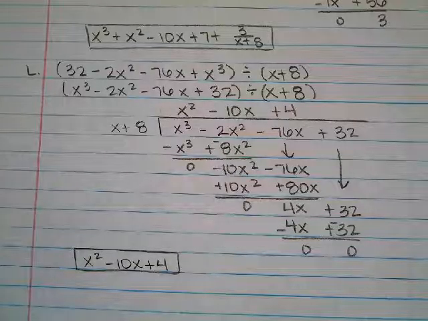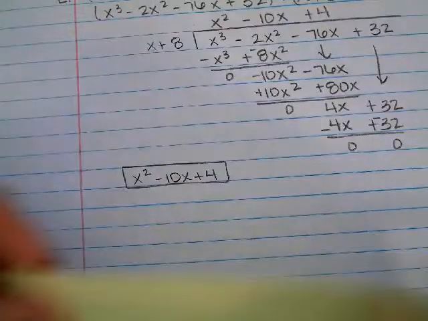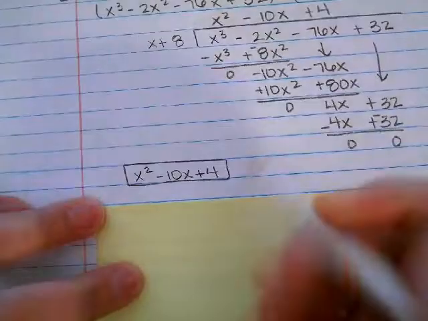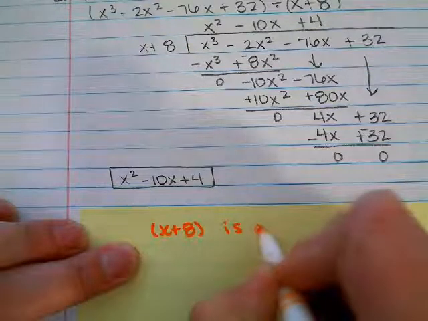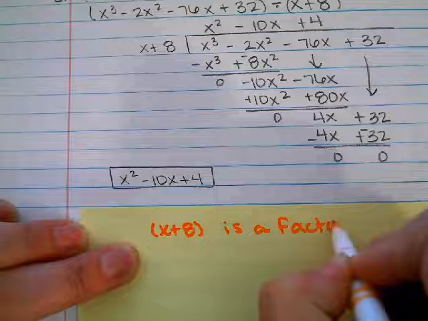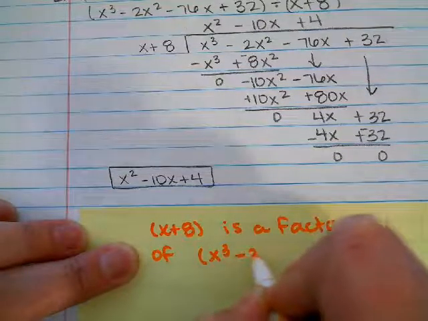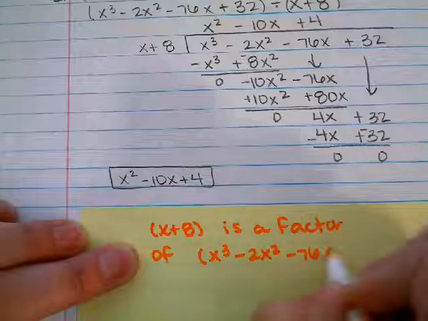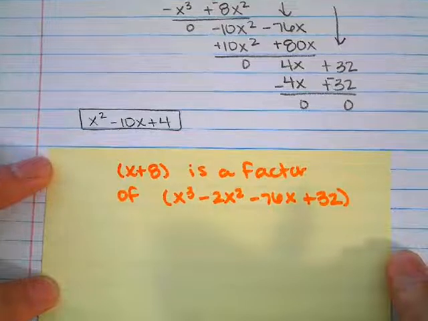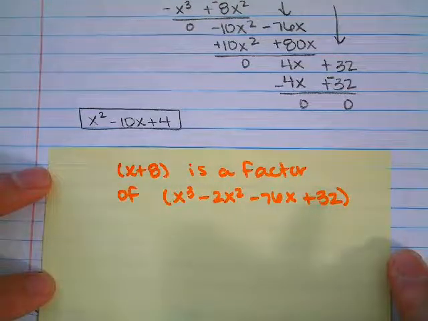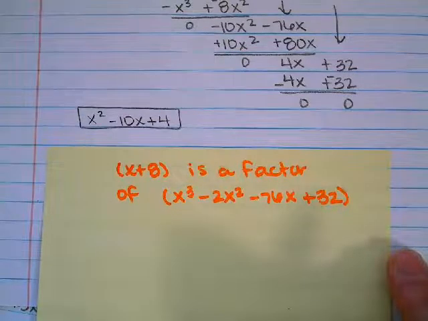Okay, so we're going to write on this one. I'm going to do it on a sticky note. I'm going to write this sentence out. I'm going to say x plus 8 is a factor of x to the third minus 2x squared minus 76x plus 32. Okay? And then if you think you might not remember why, you can feel free to write the next part.